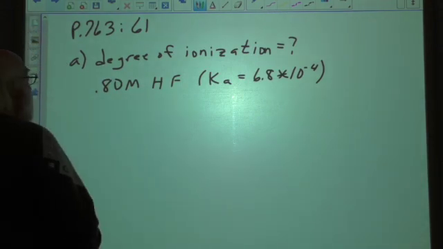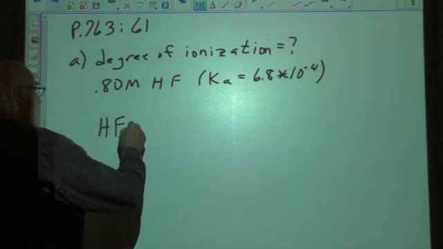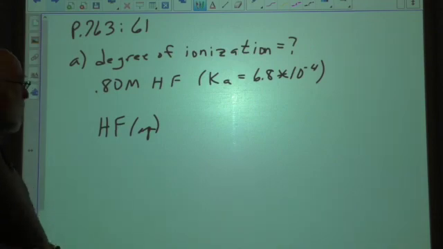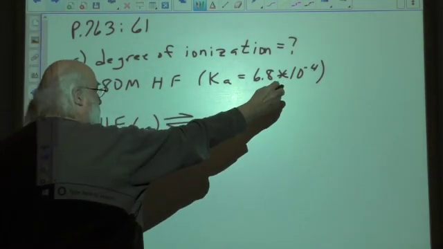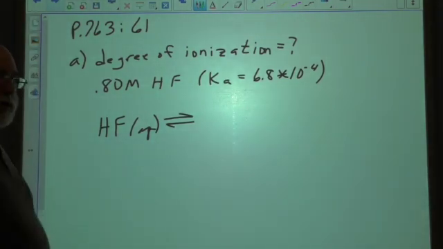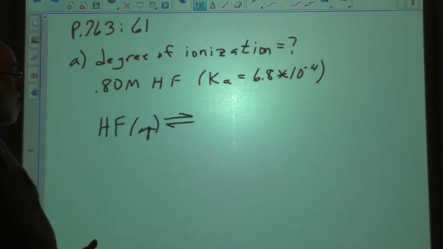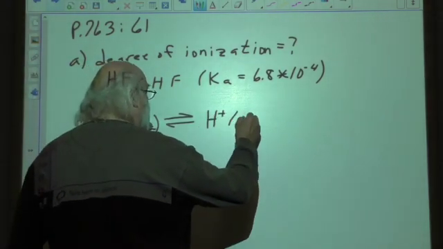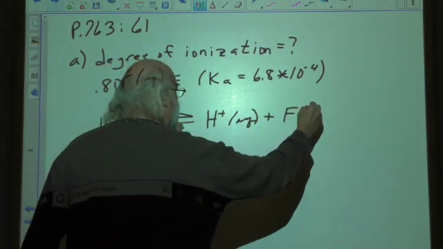So what we're going to do here, HF is a weak acid. It's not one of the 7 strong acids, so we know that this is a double arrow. And we have a Ka given to us here that tells us it is indeed weak. Your products are going to be H positive aqueous, or hydronium if you wish to think of it that way, and F negative aqueous.